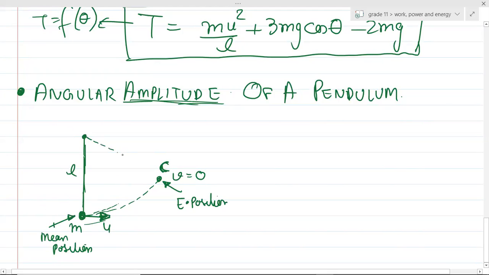This angle at which it stops is denoted as phi. How do we define it?